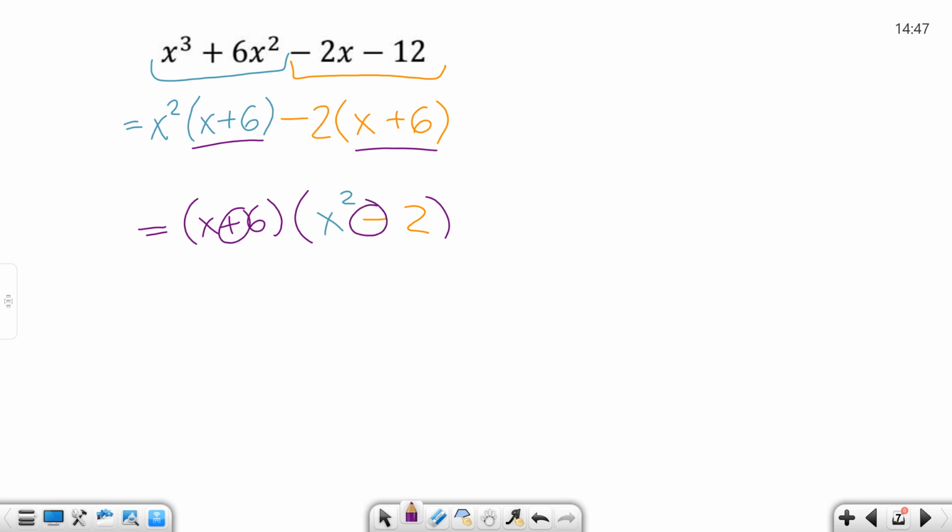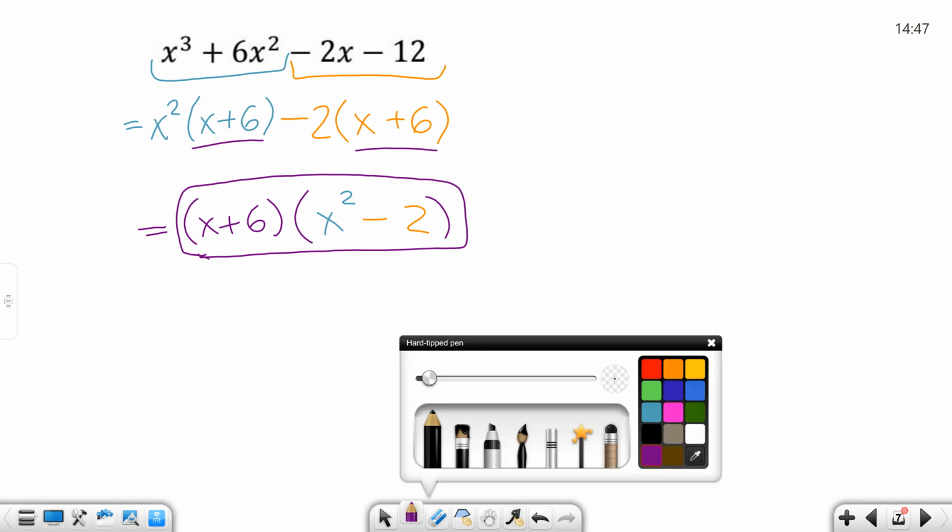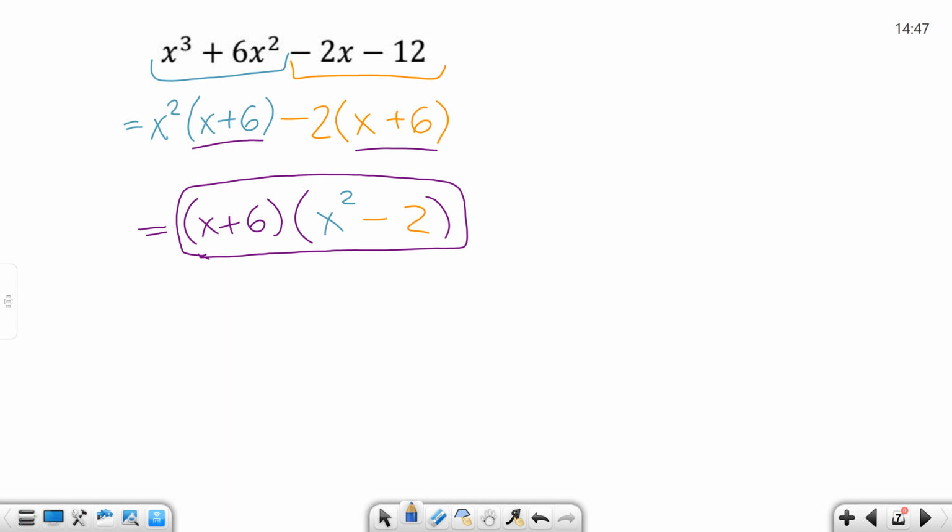But now my pluses and minuses are in parentheses, okay? And then this power is bigger than 1, but this thing won't factor. X squared minus 2 will not factor any further, not with integers and whole numbers, so we're not going to go any further with that. So x plus 6 and then x squared minus 2 is the grouping there, right? So grouping did work, and it turned out to be that right there.